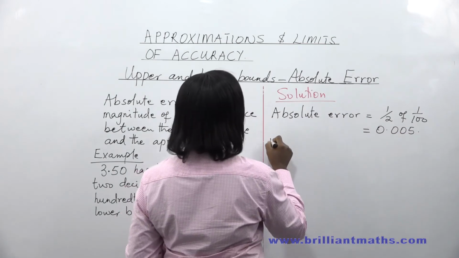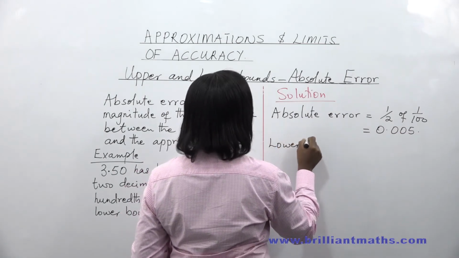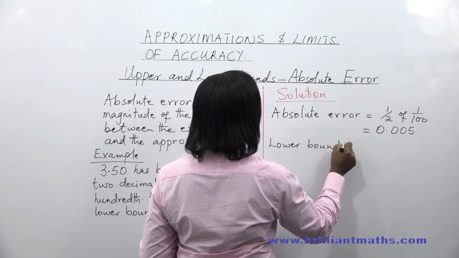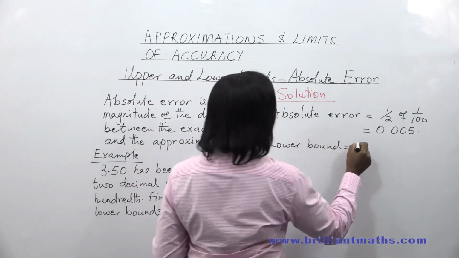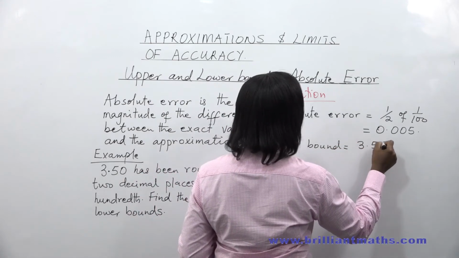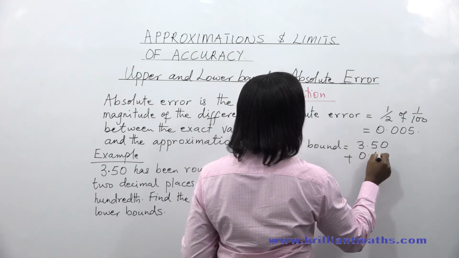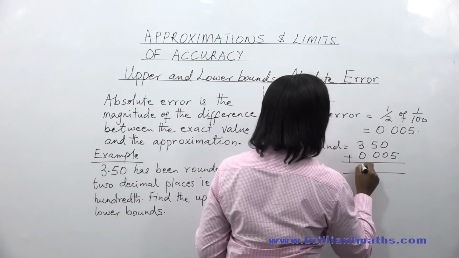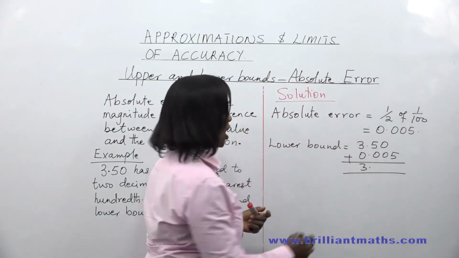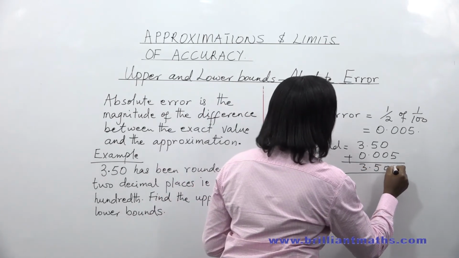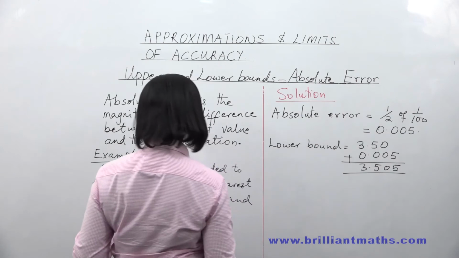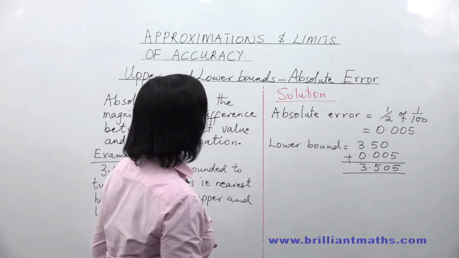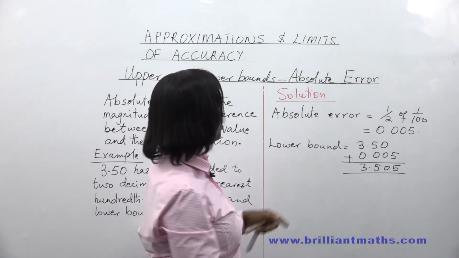So our lower bound will be equal to 3.50 plus 0.005. And that gives us 3.505. Sorry, that's the lower bound, so we're supposed to be subtracting.